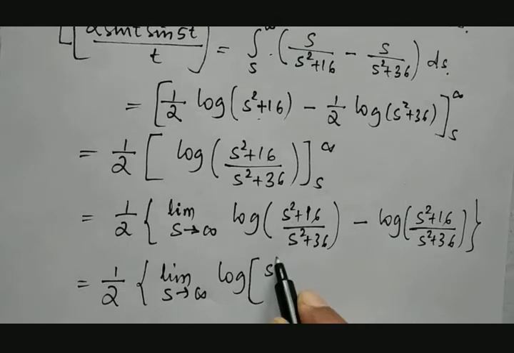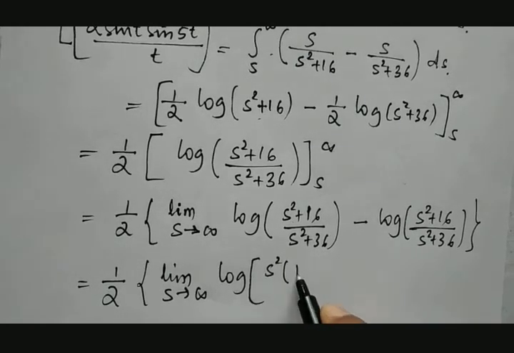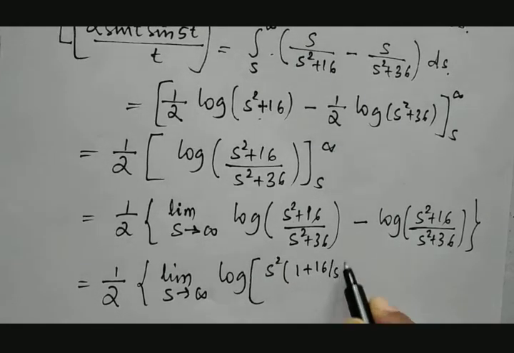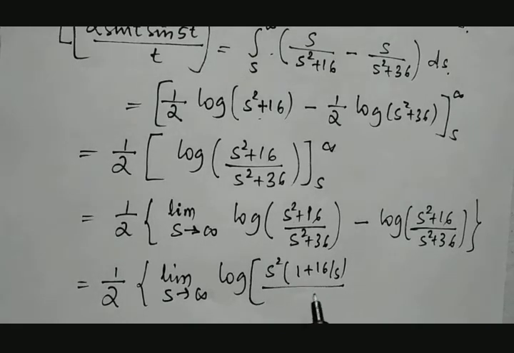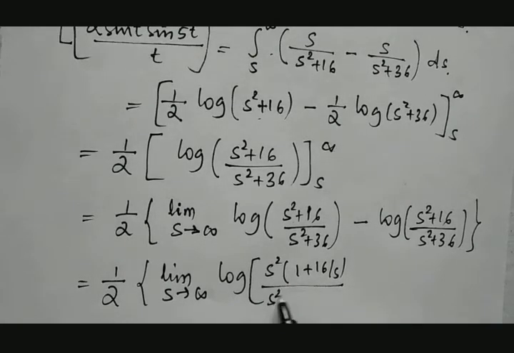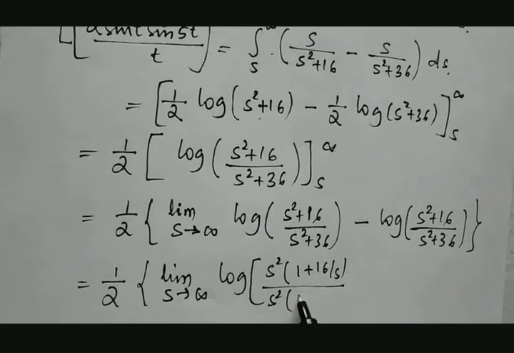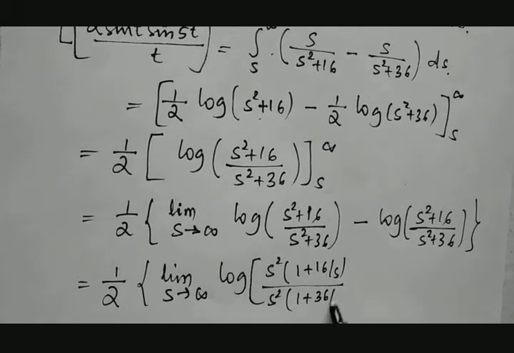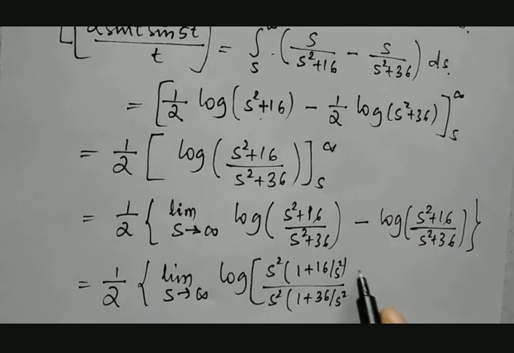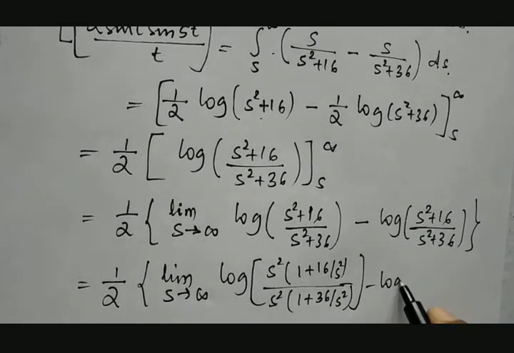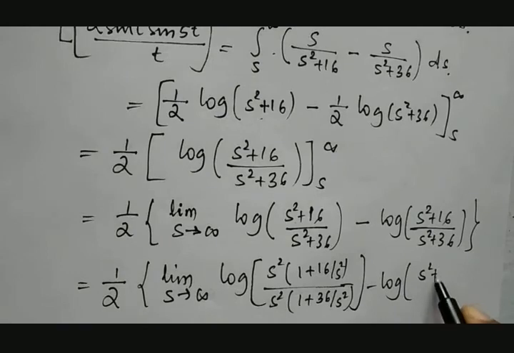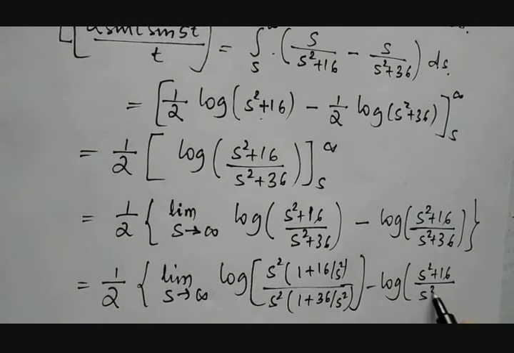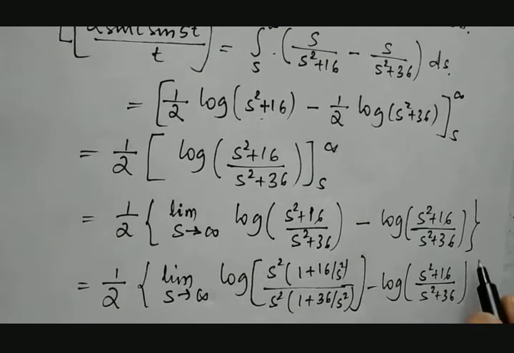Therefore, which is equal to 1 by 2 into the limit as s tends to infinity of logarithm of, from here I'll be taking s square common, then it is 1 plus 16 by s square, divided by, from the denominator I'll be taking s square common, then it is 1 plus 36 by s square, minus logarithm of s square plus 16 divided by s square plus 36.